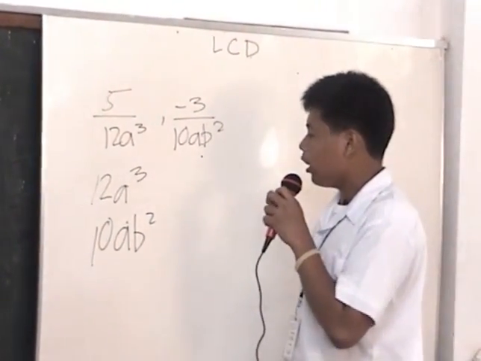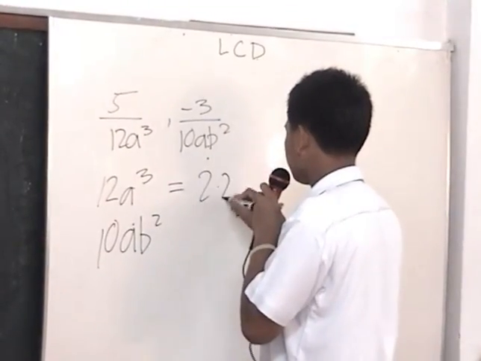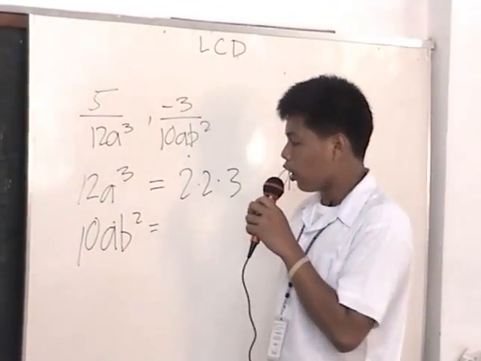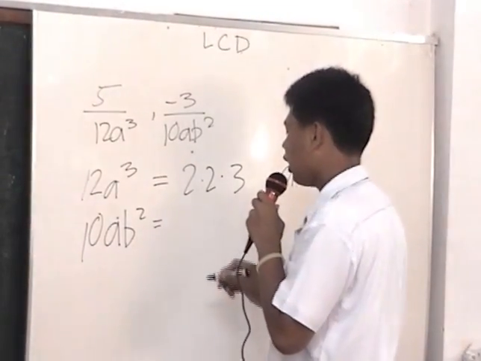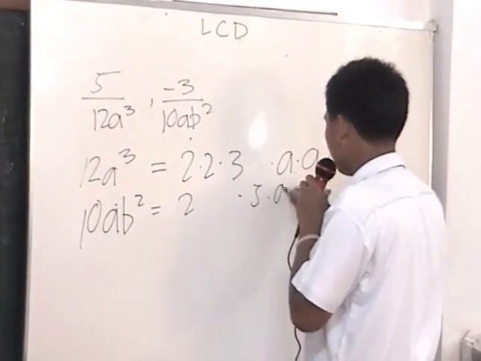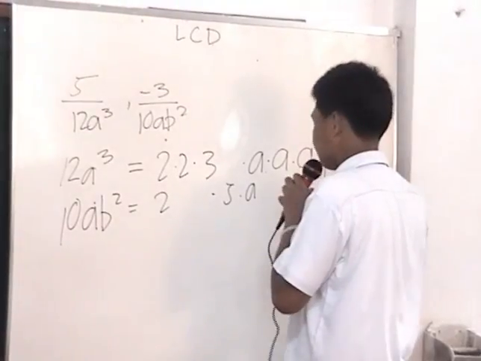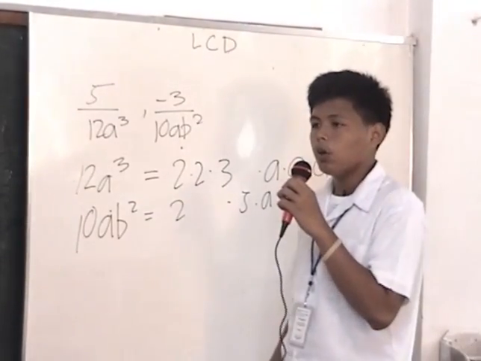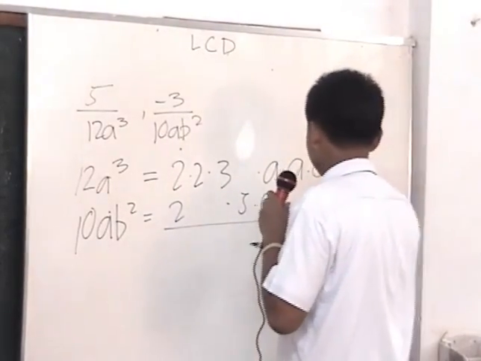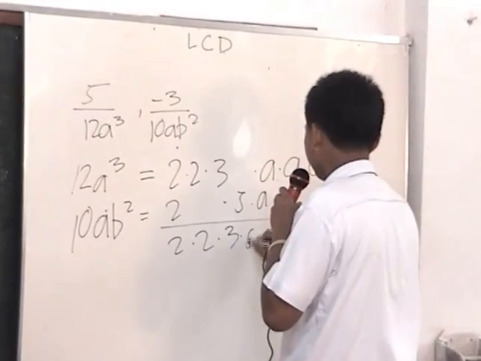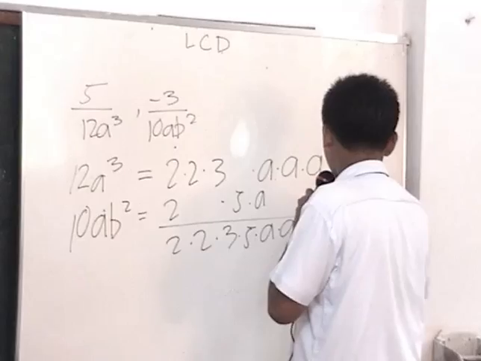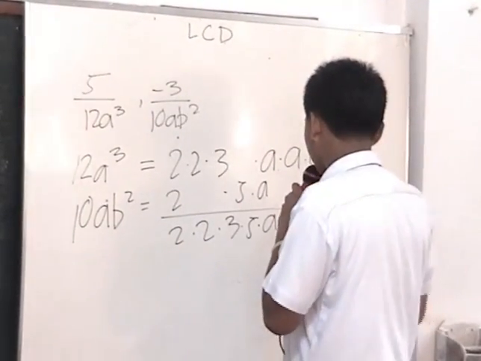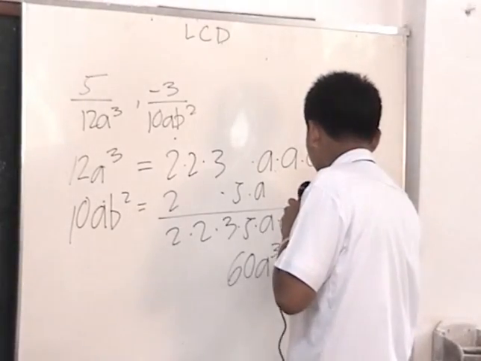The prime factors of 12A cubed are 2 times 2 times 3 times A times A times A. And the prime factors of 10AB squared are 2 times 5 times A times B times B. We need to align the common values because the common values are considered as one. 2 times 2 times 3 times 5 times A times A times A times B times B. And we need to multiply the values, and the answer is 60A cubed B squared.